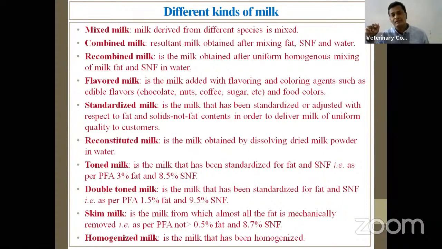Reconstituted milk is a milk that is obtained by dissolving a dried milk powder in the water. Why is it done? Many times what happens, there won't be a market for the milk. That's why these milk processing units convert all milk into milk powder and store it in the dehydrated form.